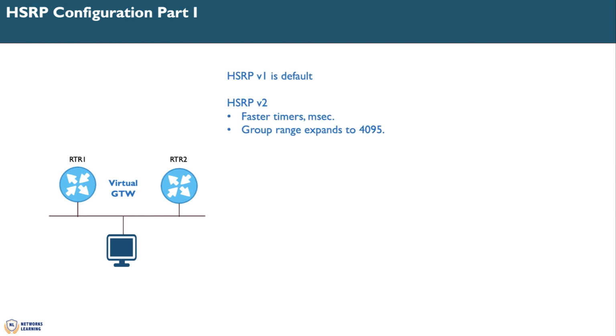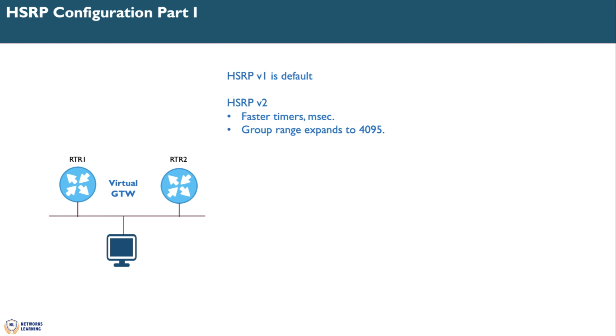HSRP version 1, if you don't make any changes to your configuration, is your default in Cisco IOS. HSRP version 2 needs to be configured, and it has some advantages. Faster timers, you can start hitting milliseconds, and the group range for the standby address can expand from 255 for version 1 all the way to 4095.